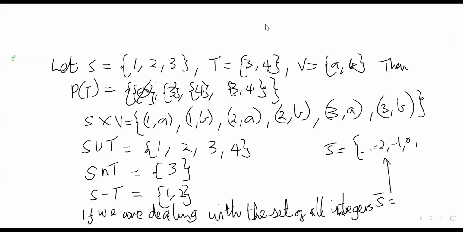Then we cannot have 1, 2, 3 because 1, 2, 3 is in S. We are looking for elements that are not in S. So we have 4, 5, and so on to infinity. So that is S complement: all integers except the ones that are in {1, 2, 3}.